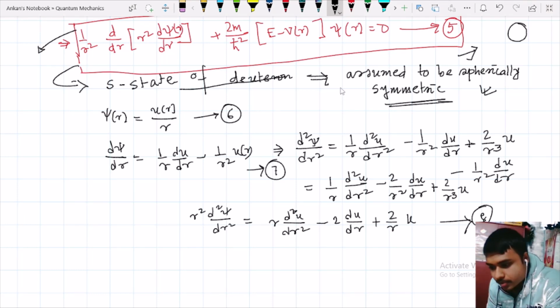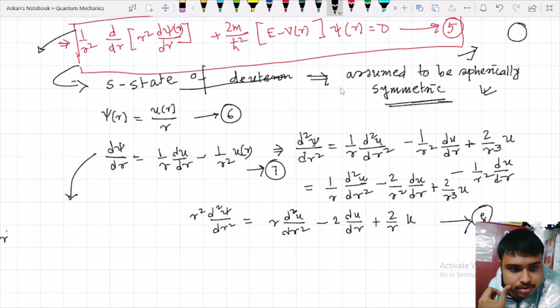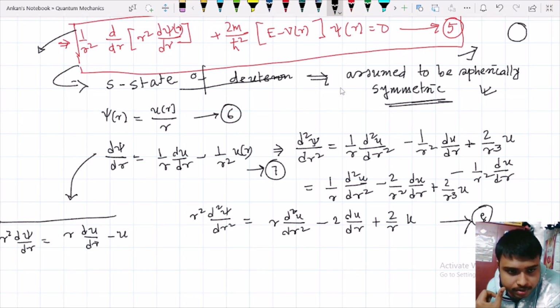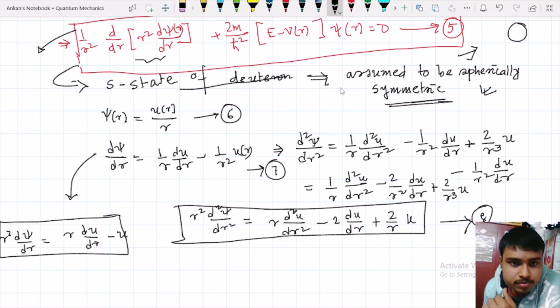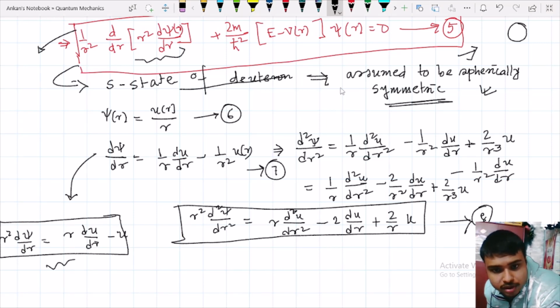Now if we take from here r square d psi dr, then we will obtain r du dr minus u. Let us box it, as we will use this in further calculation. Now here r square d psi dr is present, so we will place the value of this here.